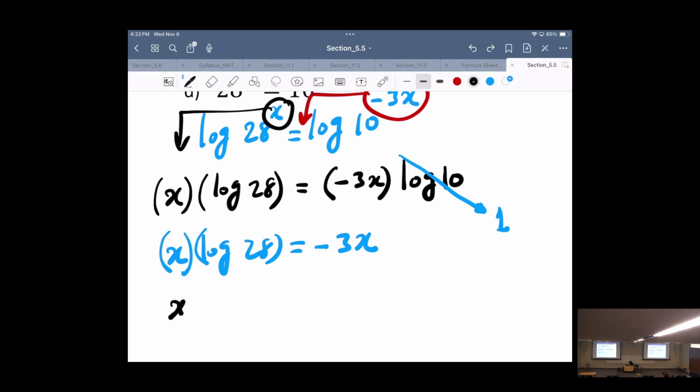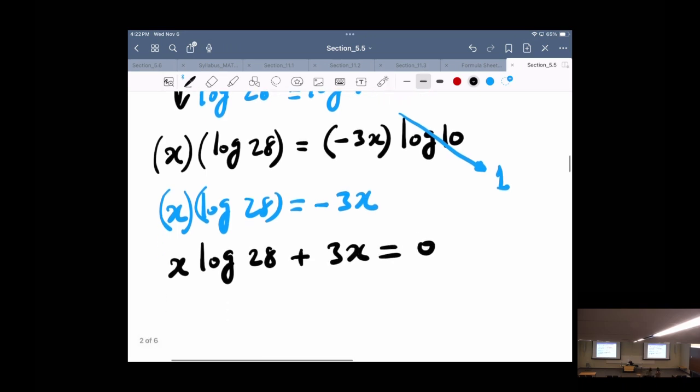So let's do that. x times log of 28 plus 3x equals 0. And then we can now factor the x. Remember, you cannot cancel the x from the expression. You have to factor it out. So x times (log of 28 plus 3) equals 0.